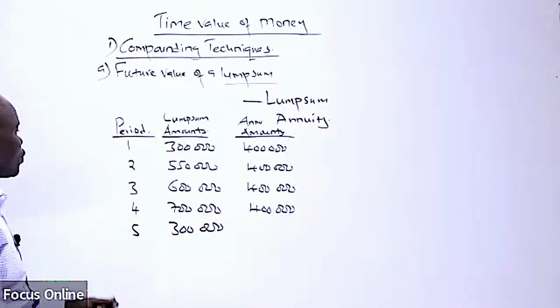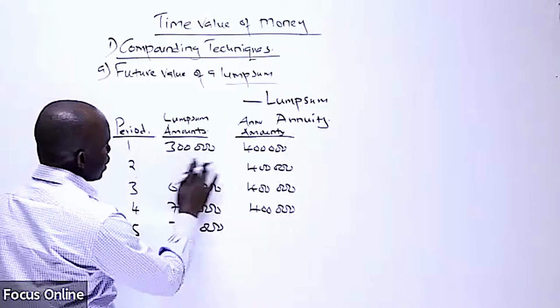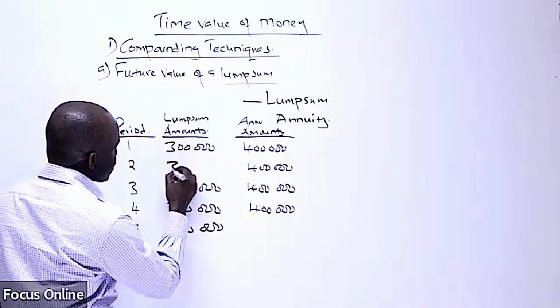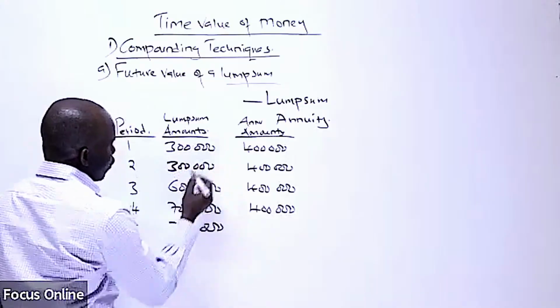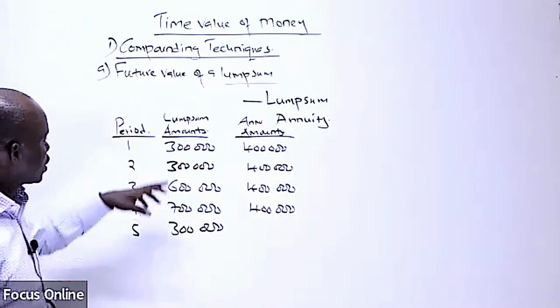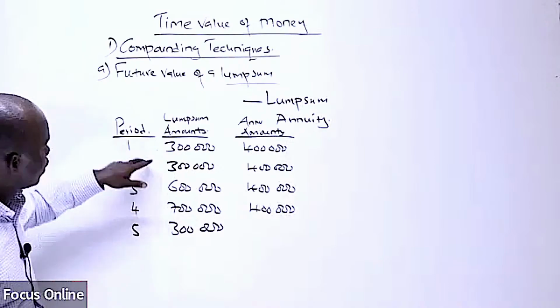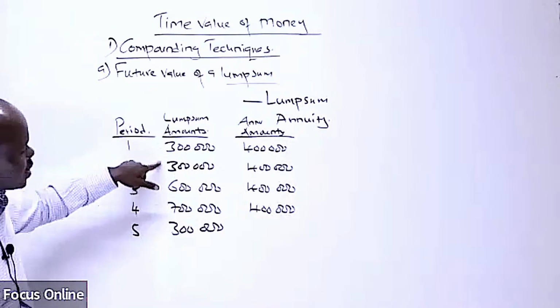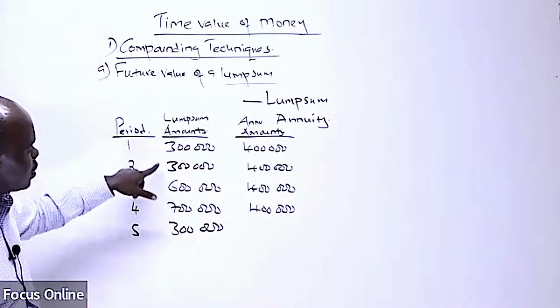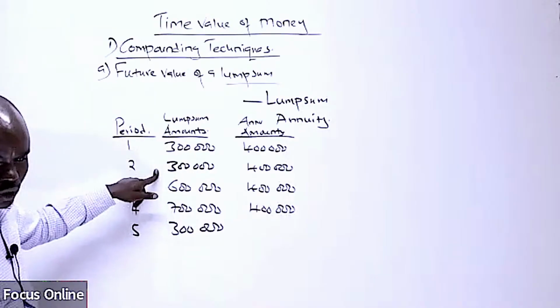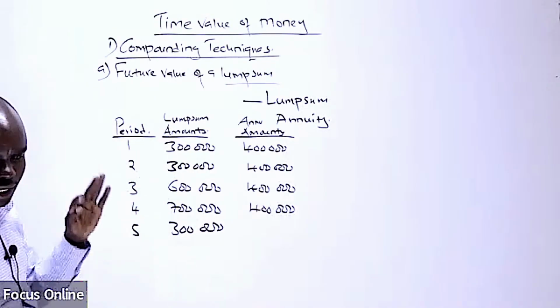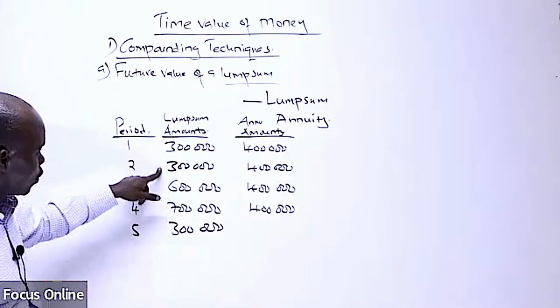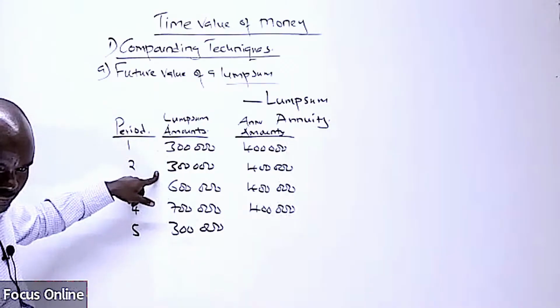However, if you get 300,000 here and 300,000 here, two 300,000s that follow each other, this will be referred to as an annuity. Year 1 and year 2, or period 1 and period 2, we have an annuity of 300,000 because they follow each other.